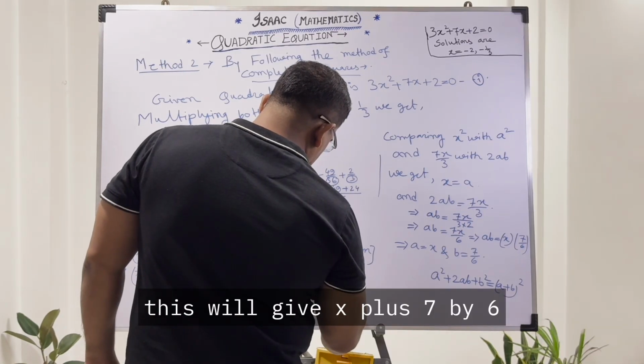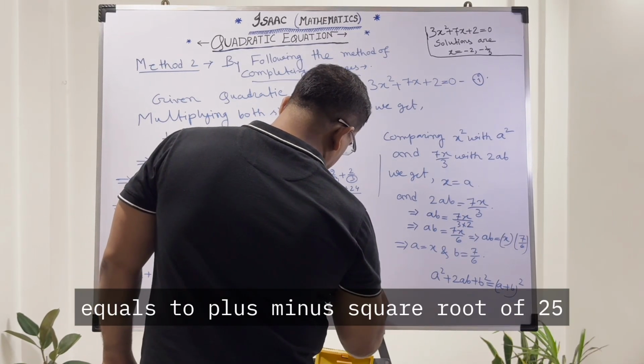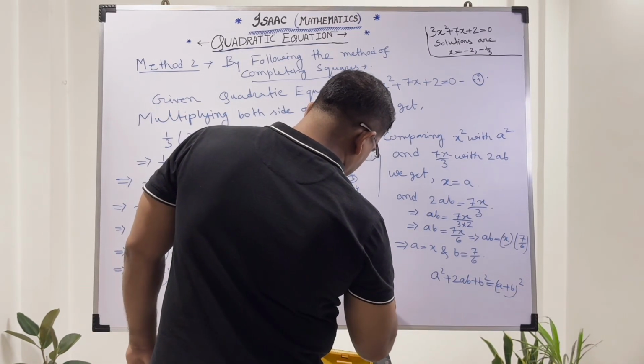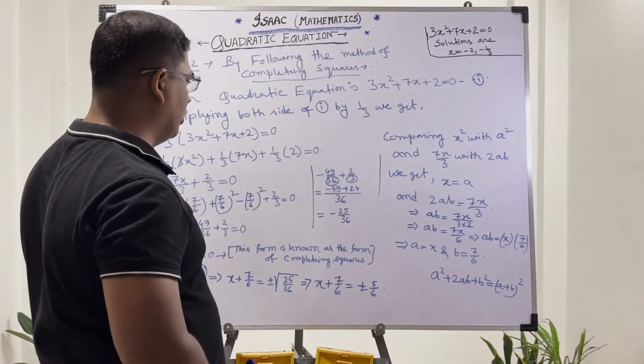This will give x + 7/6 equals plus minus square root of 25 is 5 and square root of 36 is 6.